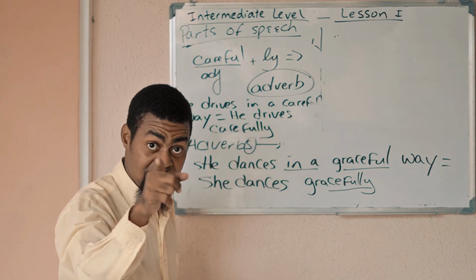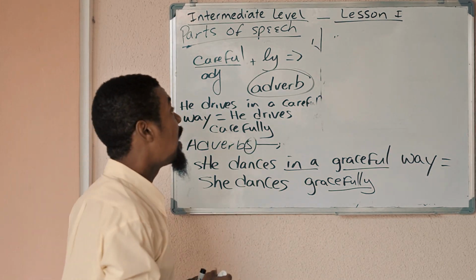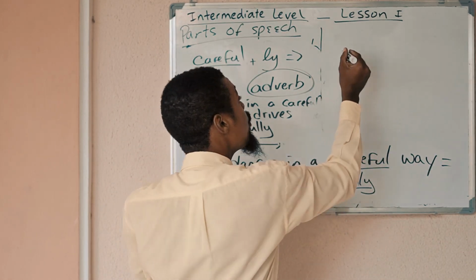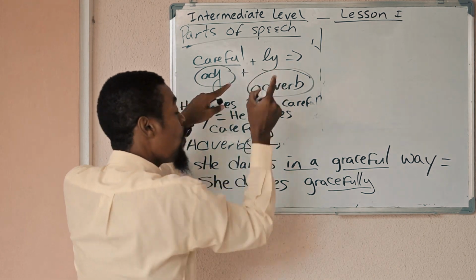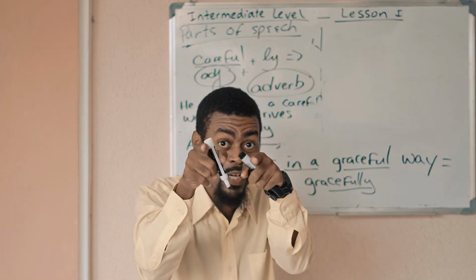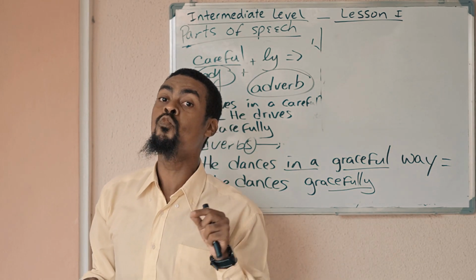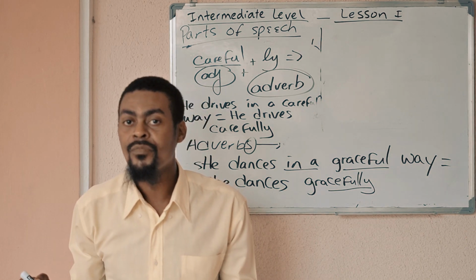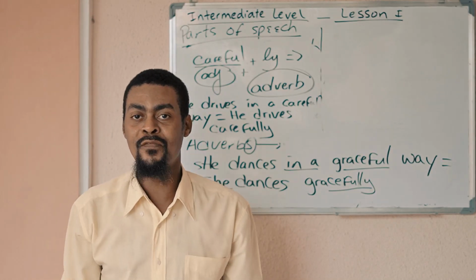Remember what I said. Bear that in mind. To have an adverb of manner, you need an adjective plus ly. That means if I have a word with a different part of speech, and that word ends in ly, it is not an adverb.